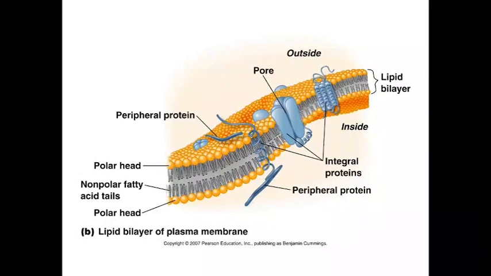The lipid bilayer tells us that it is made up of a bilayer in which tails are in the middle portion and heads are found on the outside part of the membrane. Peripheral proteins are also there, located vertically and also horizontally.